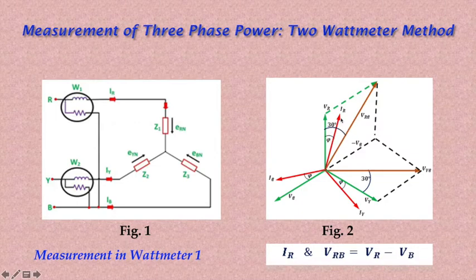So the angle between IR and VRB is 30 minus phi. Next, this is VY and this is VB. So this voltage is VYB, that means VY minus VB. And the angle between VYB and IY is 30 plus phi.